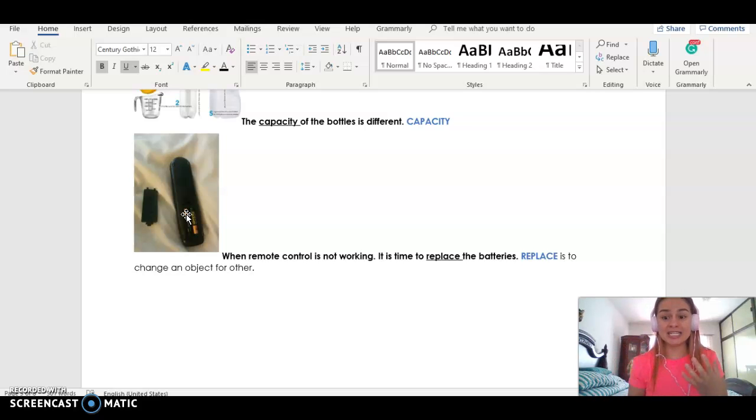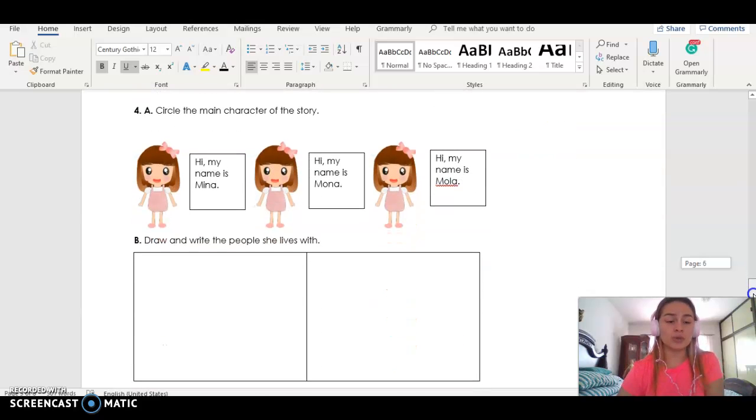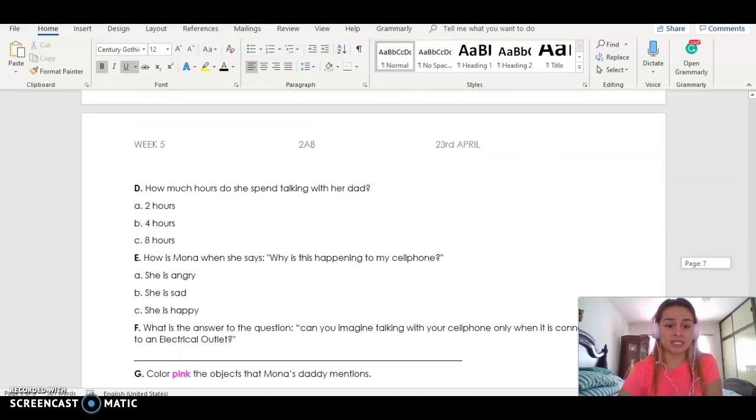So replace is to change the new from the old. Or I can change my cell phone, or I can replace my cell phone. So change and replace are very similar. They are synonyms.